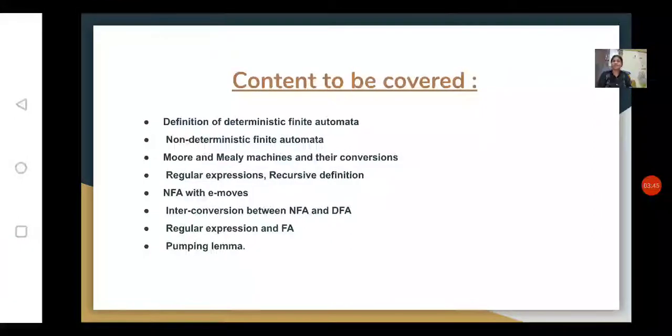Automata theory is a theoretical branch of computer science and mathematics. As you all know, theory of computation is also called automata theory. It is a theoretical branch of computer science and mathematics which deals mainly with the logic of computations with respect to simple machines referred to as automata.